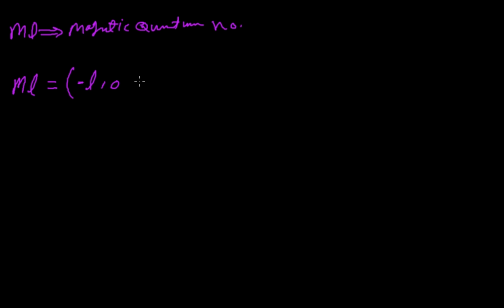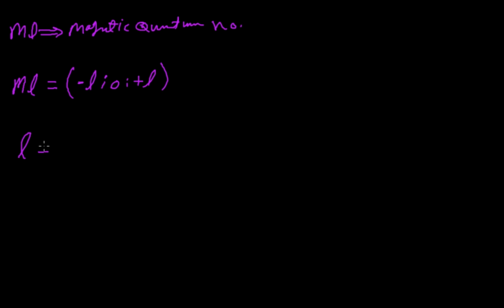Now we move on to the magnetic quantum number, ML. ML values are equal to negative L, 0, till positive L. So let's find out how we can calculate something like this.